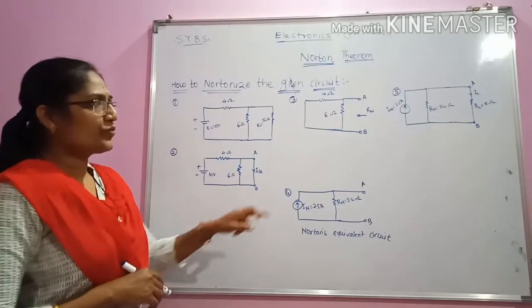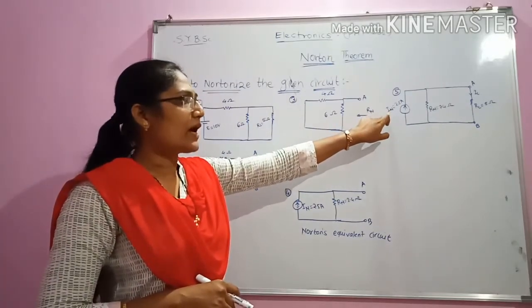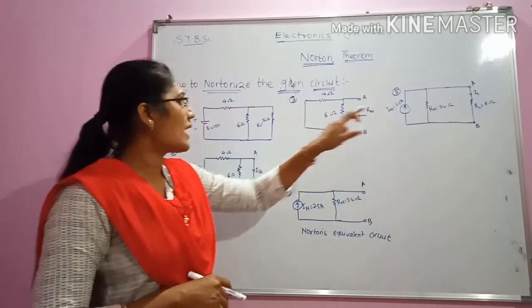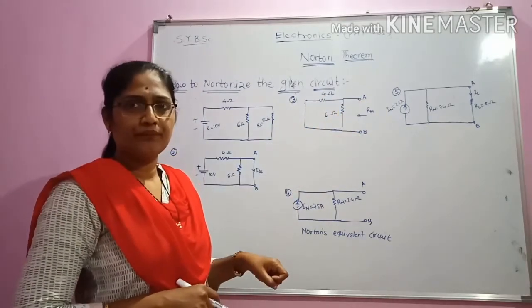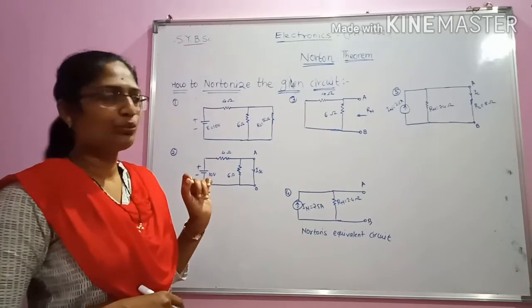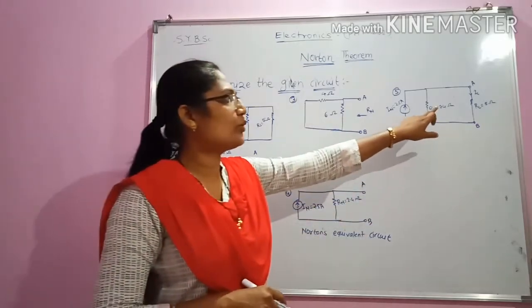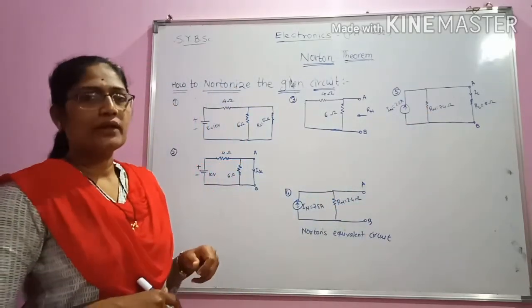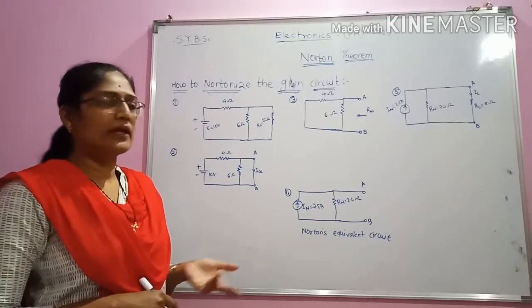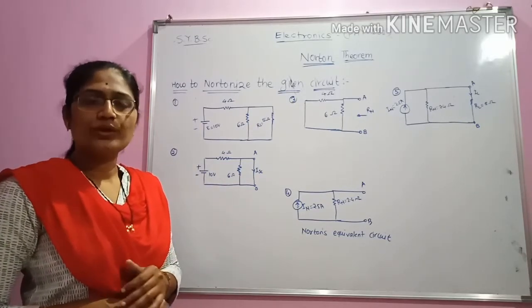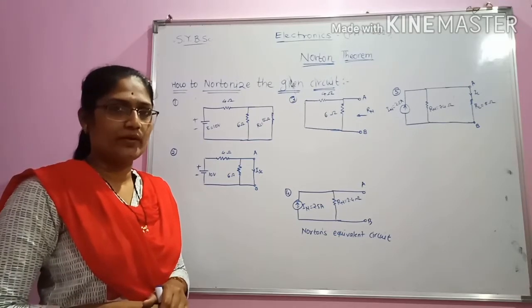Now the condition is that this IN is nothing but the short circuit current across A and B, as our circuit has two terminals, and the value of Rn is obtained in the similar way as we obtained the value of Rth in case of Thevenin's theorem.